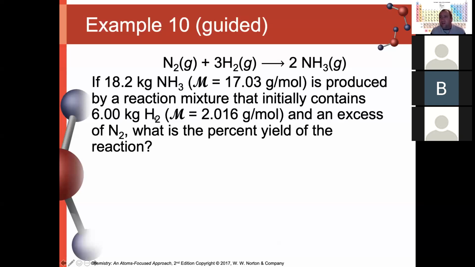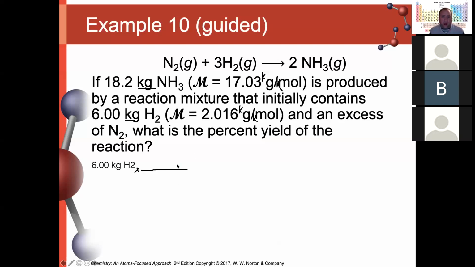Okay, very similar process to the one that you just did. I can start with my 6 kilograms of hydrogen, and since we're staying in kilos the whole way through, we can use kilo conversions just the same way that we were using base unit conversions.